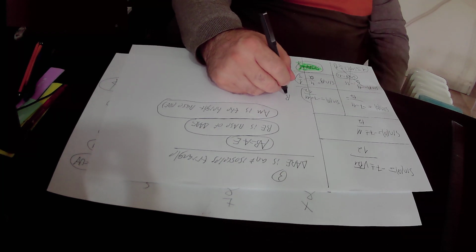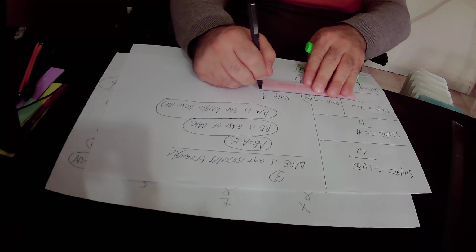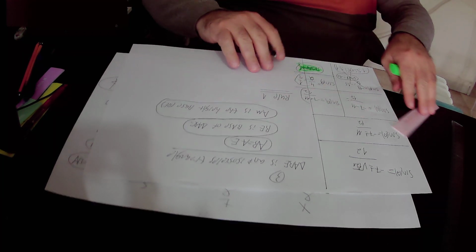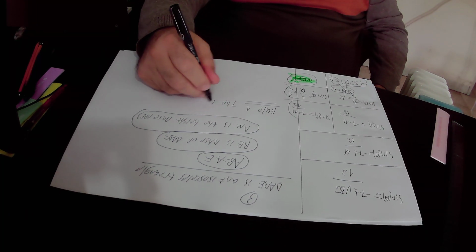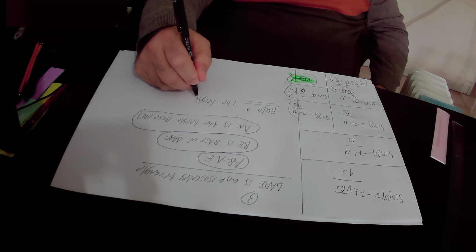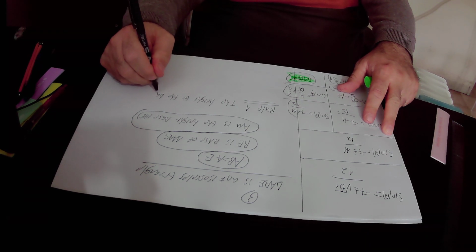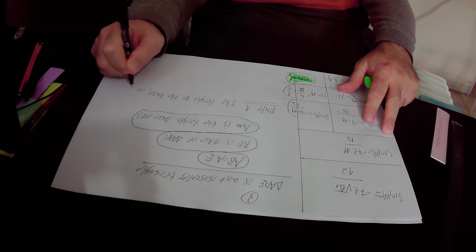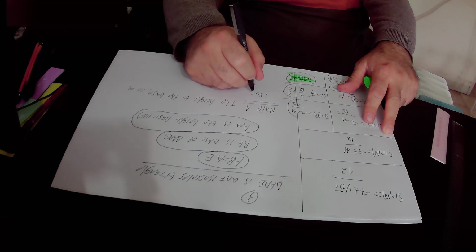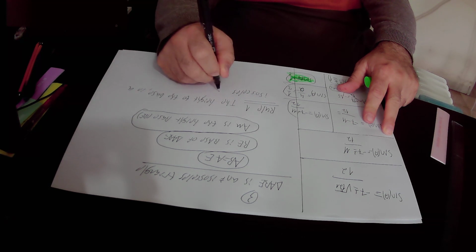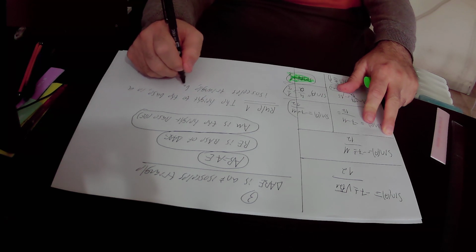According to rule number 1, the height to the base in an isosceles triangle bisects the base.